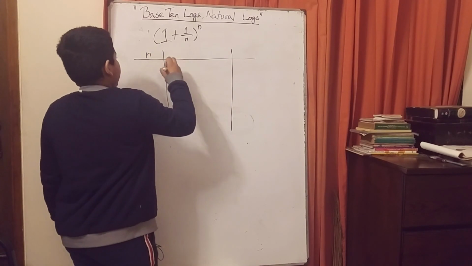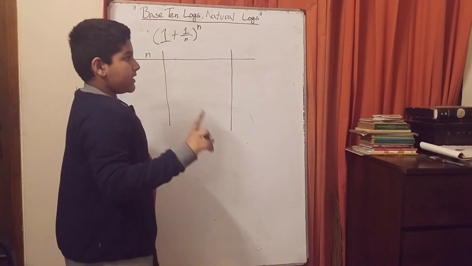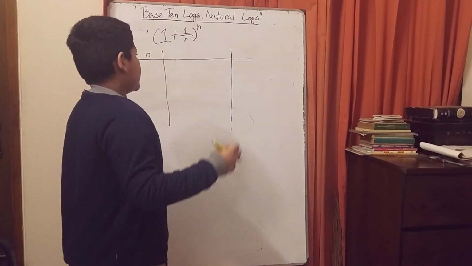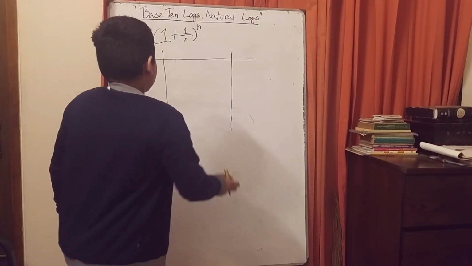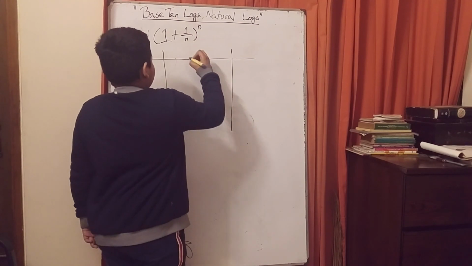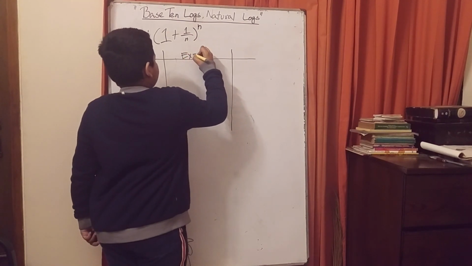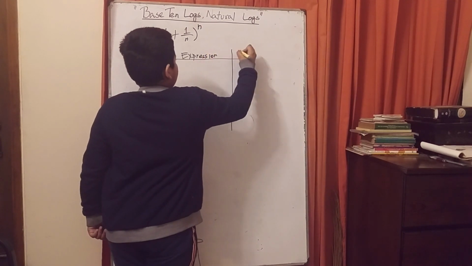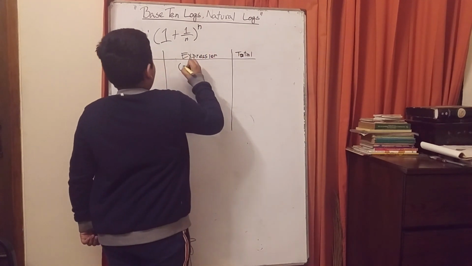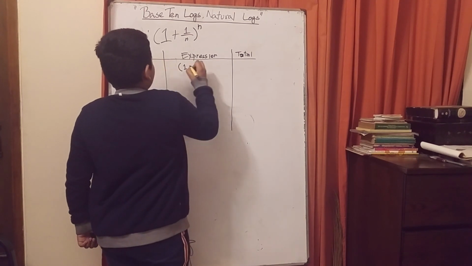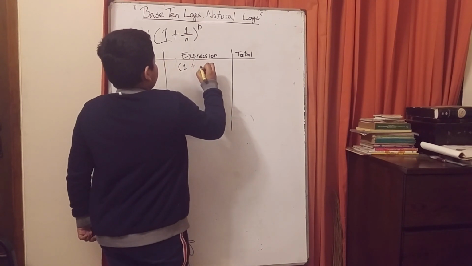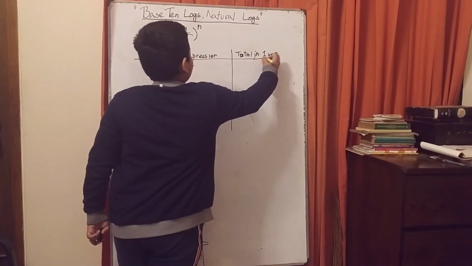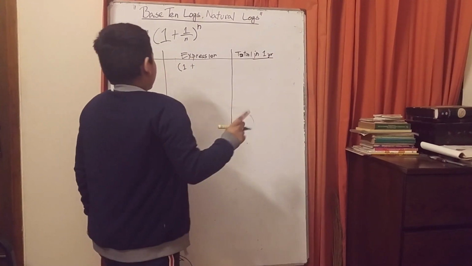Now let's say we have a salary of $1, but the more we work, there will be a raise. So let's write the n value, expression, and total. So if you have $1 of salary, but it's counting for 1 year, 1 year salary will be $1.